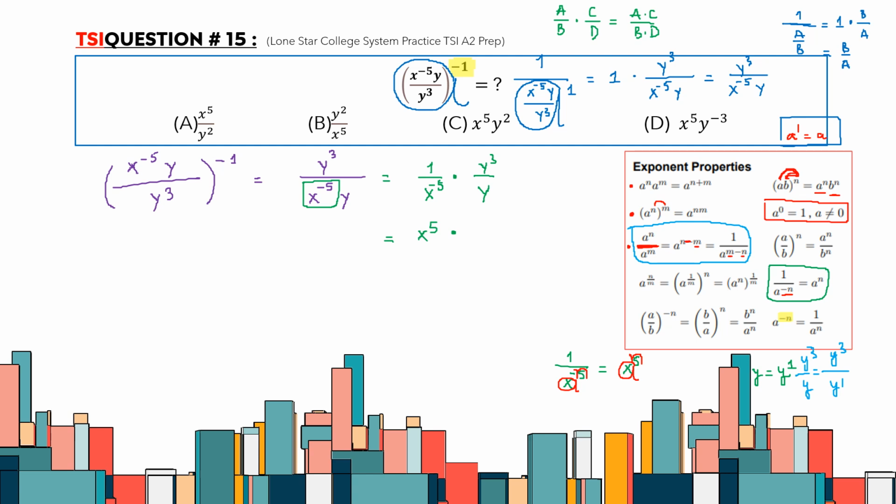Now our a is y, the same base, and the power 3 is n, and 1 is m. So we have a equals y, and the exponent is 3 minus 1.